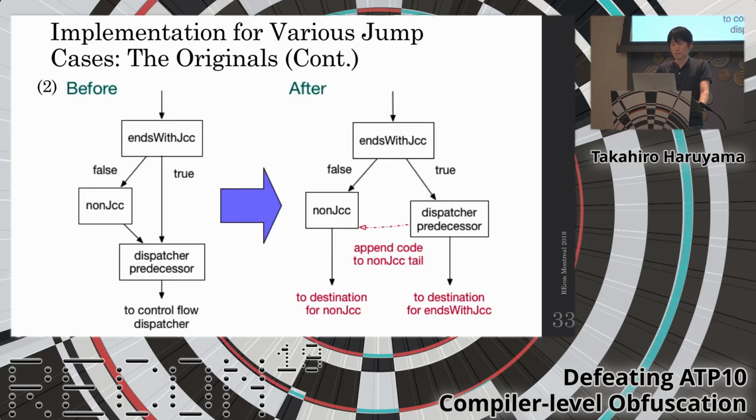For instance, in jump case 2, the block comparison variable is searched in each predecessor block, with JCC and non-JCC, then the destination is changed, while appending the code of the dispatcher predecessor to the non-JCC's tail.